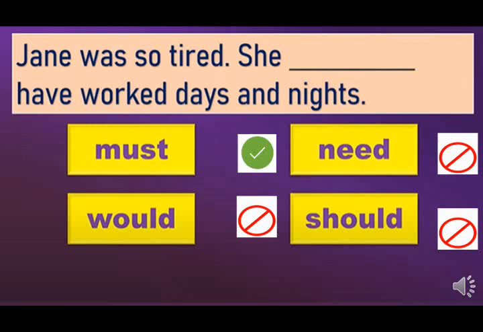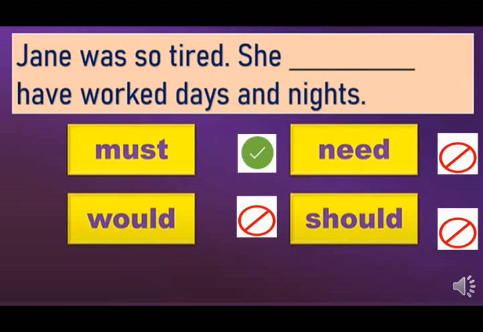Jane was so tired. She must have worked day and night. Would would not be the answer. Would is a past tense, and should is also a future tense. But here there is a demand of working day and night.